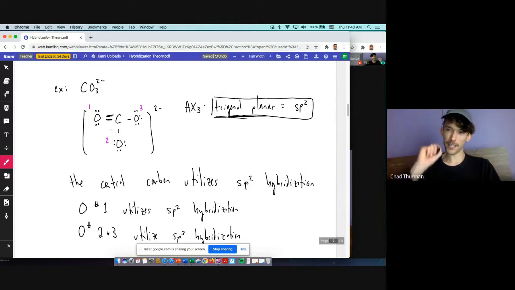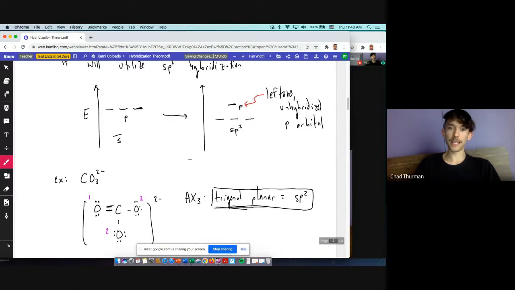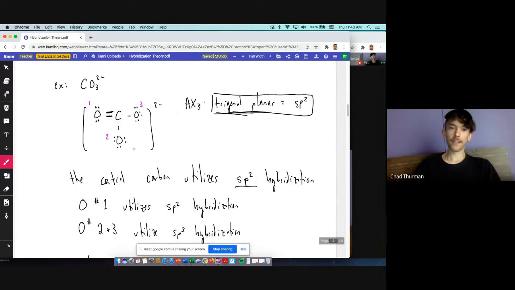If you want to understand this on a deeper level, we said the central carbon utilizes sp2 hybridization. That means that it has one leftover unhybridized p orbital. This oxygen, number one, is also using sp2, so it also has a leftover unhybridized p orbital.